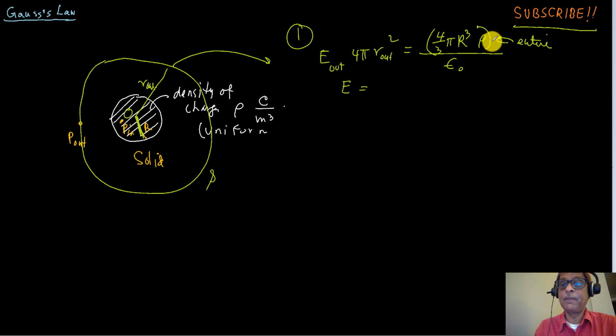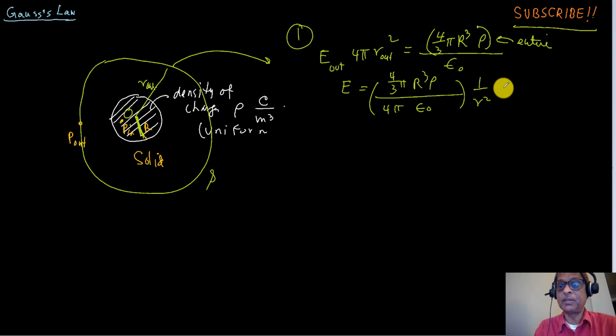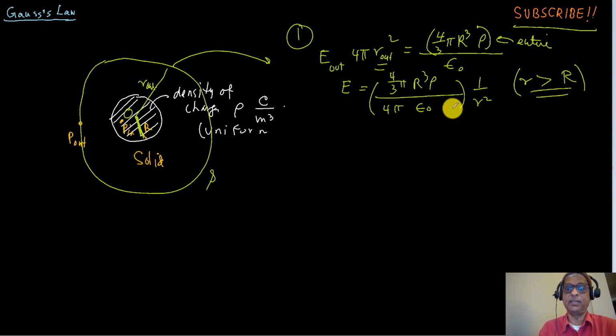So this is outside, and you can just see that the electric field goes as 4/3 pi r cubed rho over 4 pi epsilon naught, times 1 over r squared, where R is greater than r. I can write r out this way. So this is at any point P that's outside. I'm going to have that formula. That's just very simple. It looks like a point charge, as if the entire charge was placed right over here.